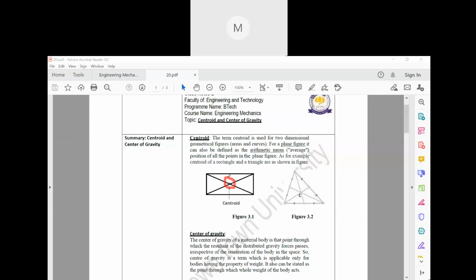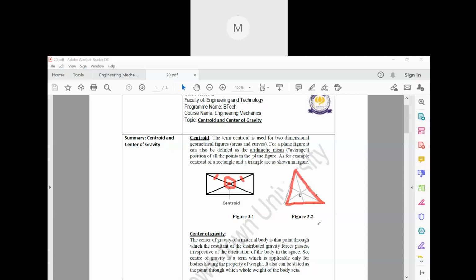Now look, for a rectangle it is simple. You just put the diagonals like this, and the point where they meet is known as the centroid. But for a triangle, it is a bit different. Now this is a triangle. A triangle has three sides, right?